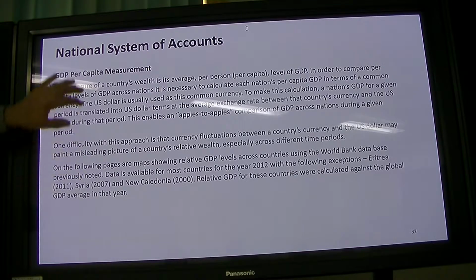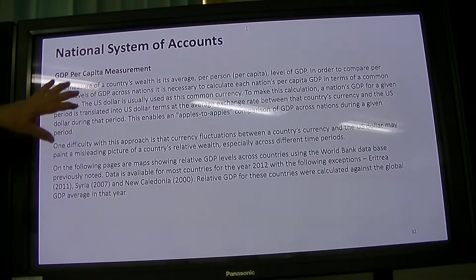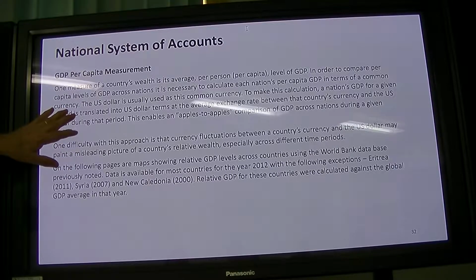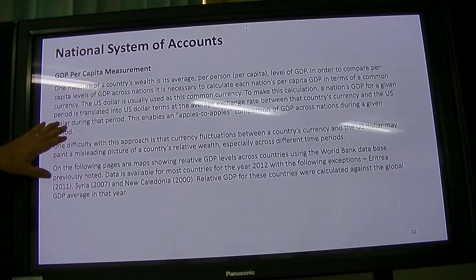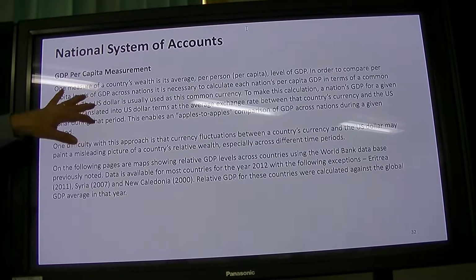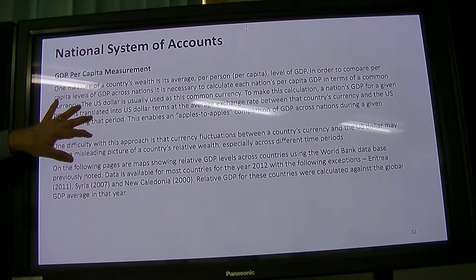This just talks about some background information. Typically, you use the U.S. dollar. These are U.S. dollar terms. If you compare across countries, you have to use some type of measurement, and it's U.S. dollars.